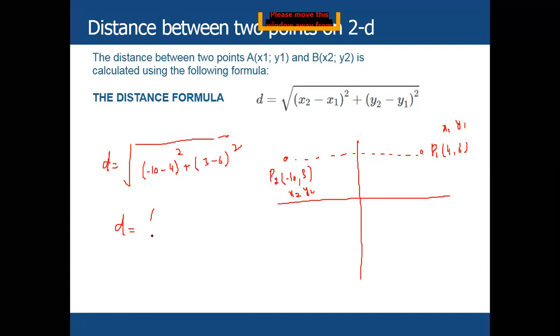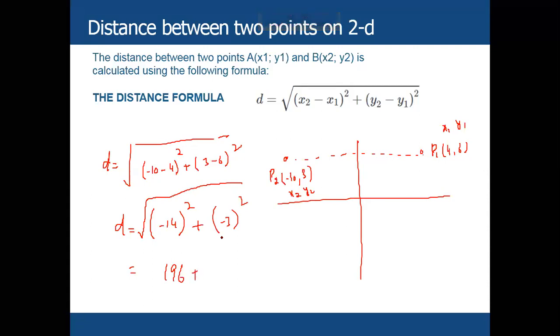So the distance between these two: minus 10 minus 4 is minus 14 whole square, plus 3 minus 6 is minus 3 whole square. Minus 14 squared equals 196, plus 3 squared equals 9.